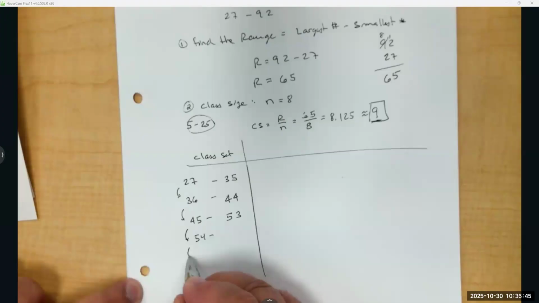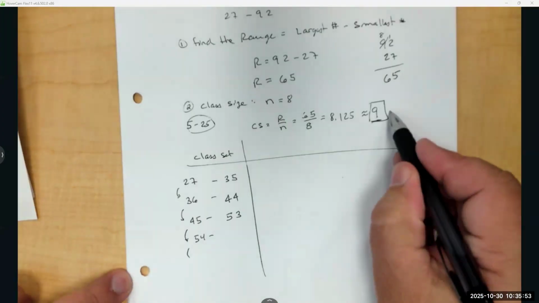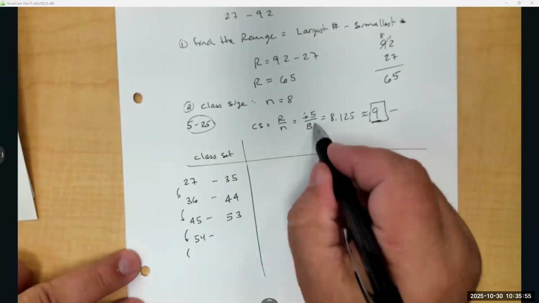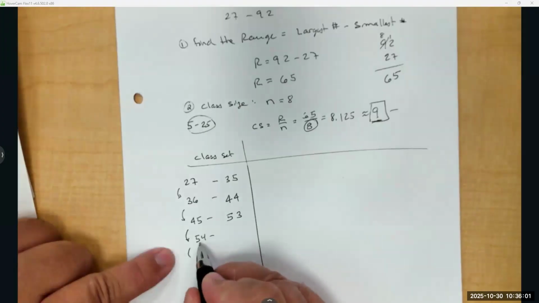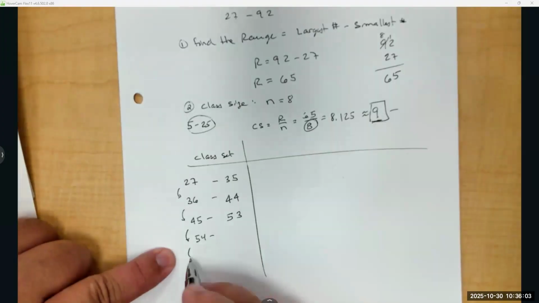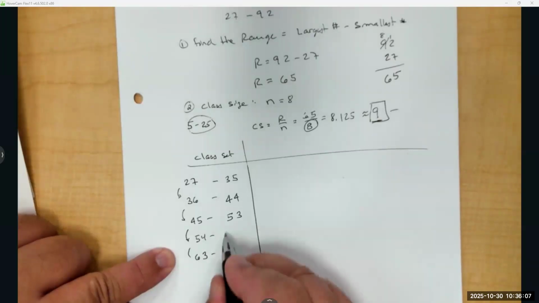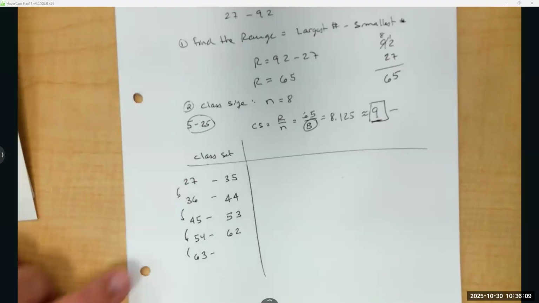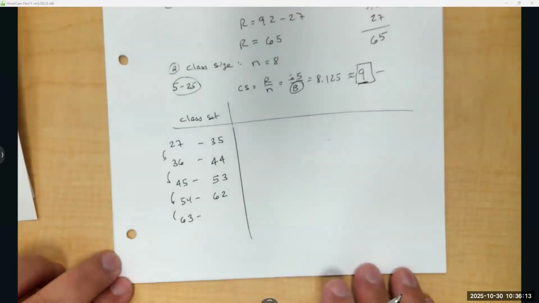So the next number is, and we have to keep on going until what? Until we have 8 groups, because we wanted 8 sets. So 54 plus 9 is 63. So this one ends at 62. You're right, though. I was just thinking too far ahead.